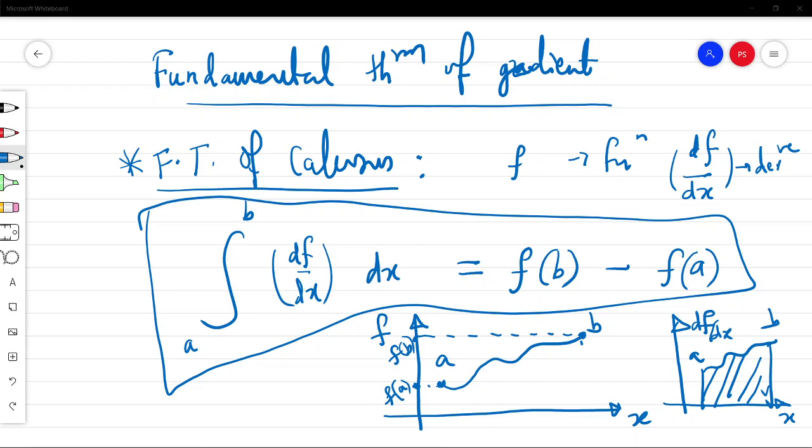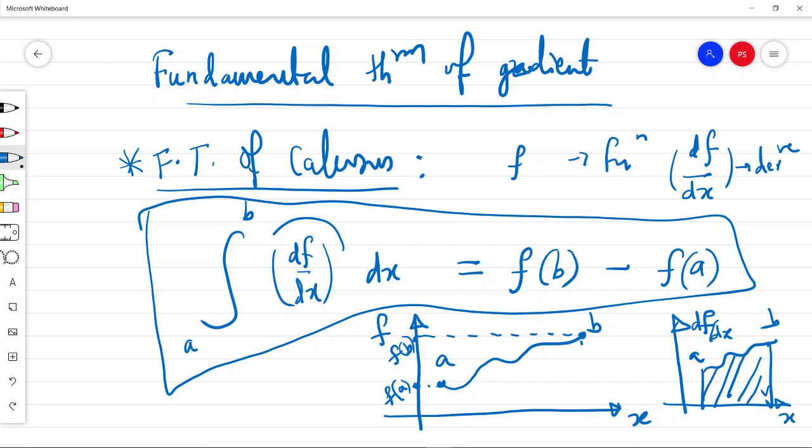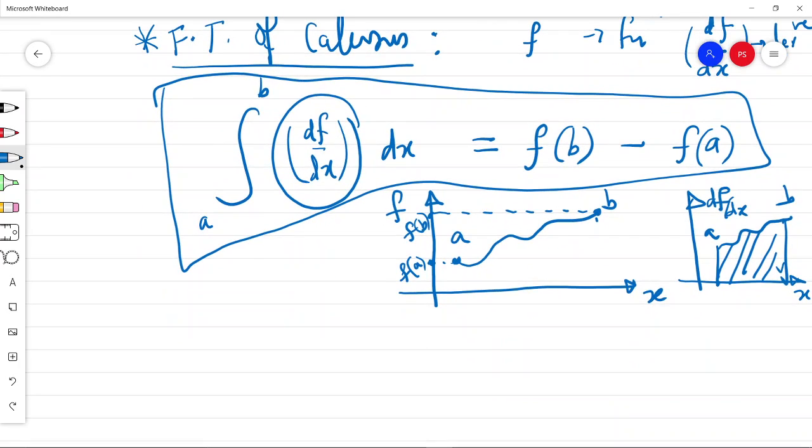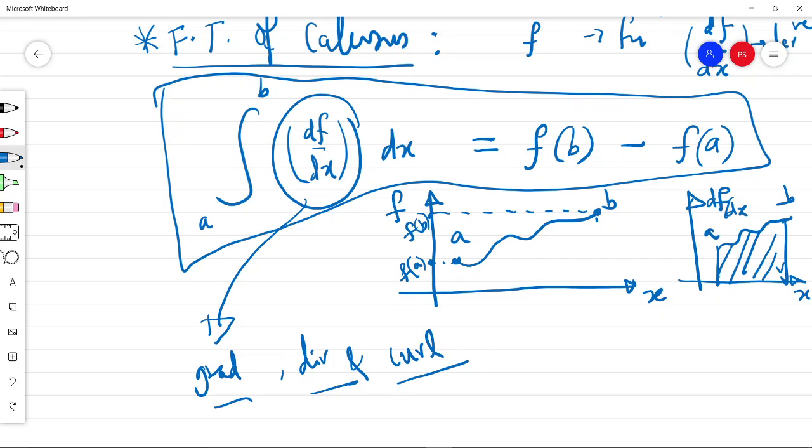Now here we have seen that there are three types of derivatives involved in vector calculus, and those derivatives are namely called gradient, divergence and curl. So since there are three types of derivatives involved, we will have three such theorems, each corresponding to this type of equation.